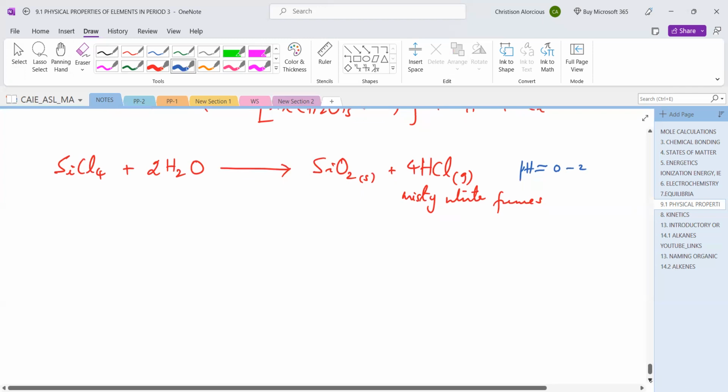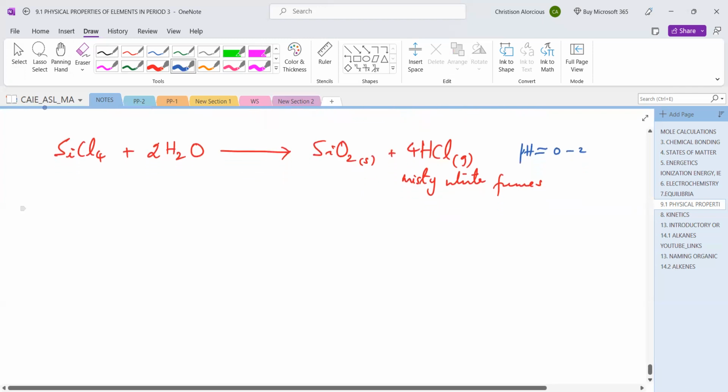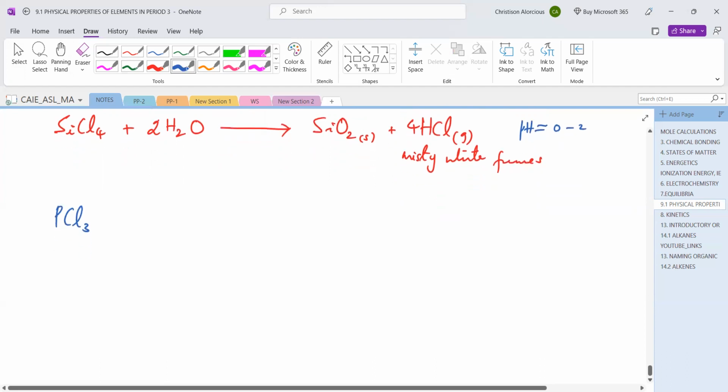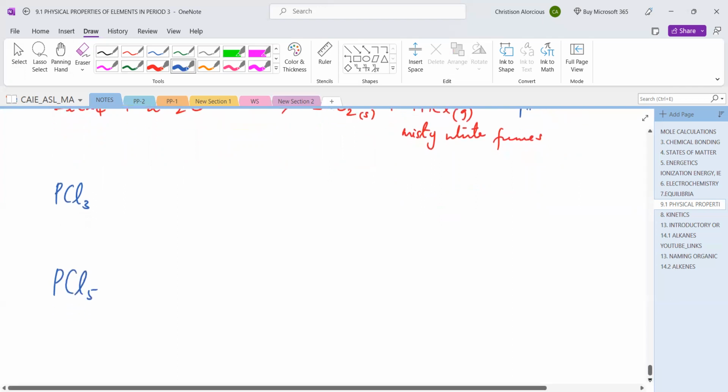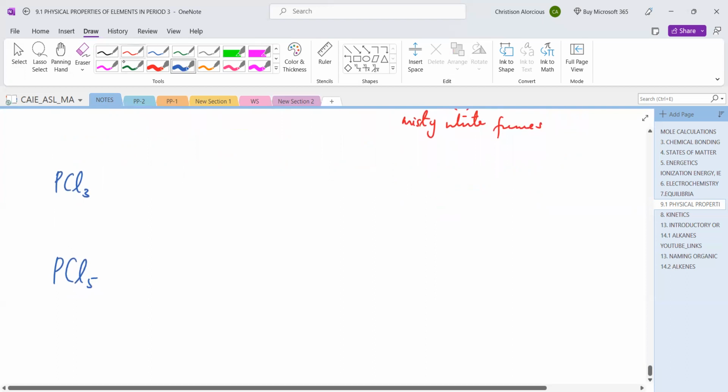Phosphorus, as we know, forms two chlorides, phosphorus trichloride and phosphorus pentachloride. Phosphorus trichloride is a liquid at room temperature, and phosphorus pentachloride is a solid at room temperature. We've seen that already. The oxidation number here is +3, and here it is +5.